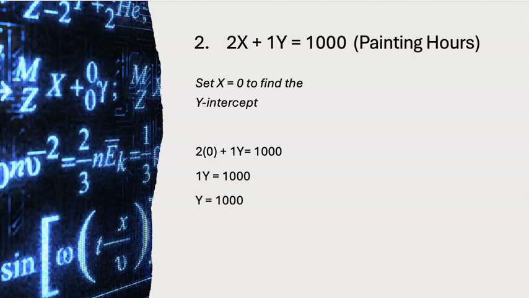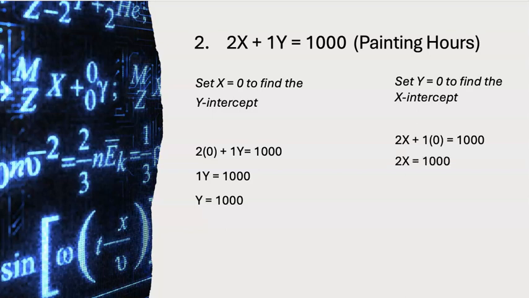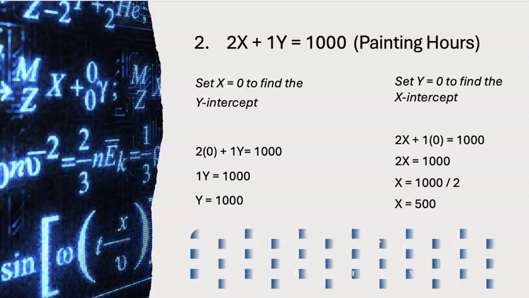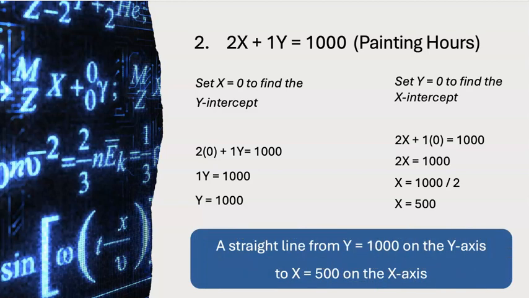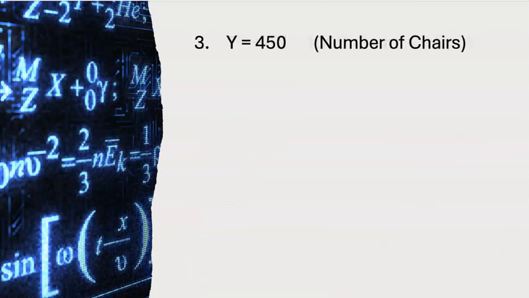For the x-intercept, we set y equals 0. 1 times 0 is 0, so we're left with 2x is equal to 1000. Divide both sides by 2, and we get x equals 500. So we'll now be drawing a straight line from y equal 1000 on the y-axis to x equal 500 on the x-axis.